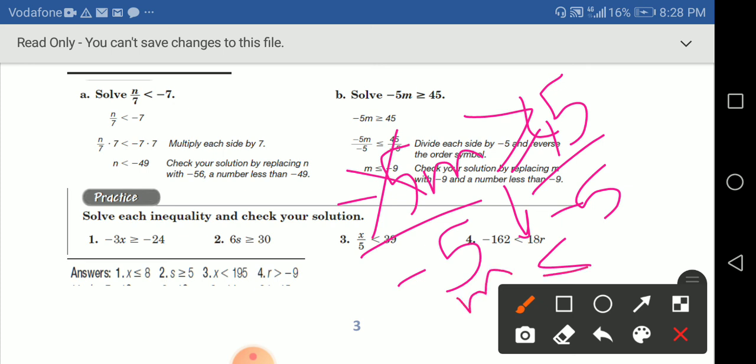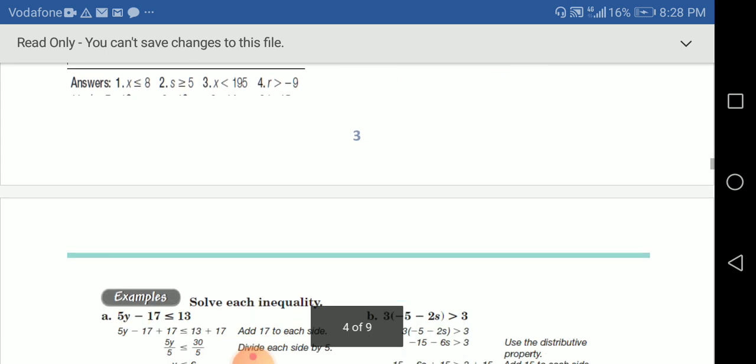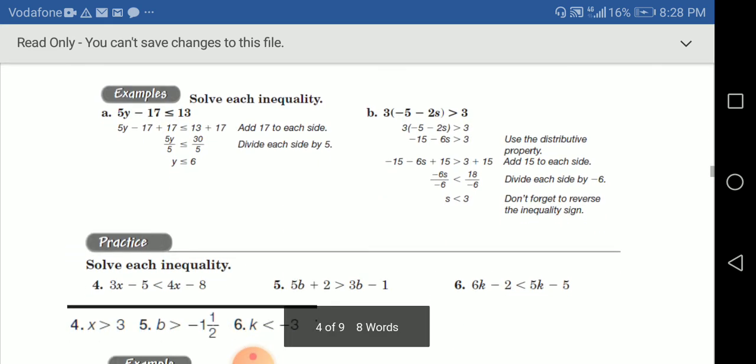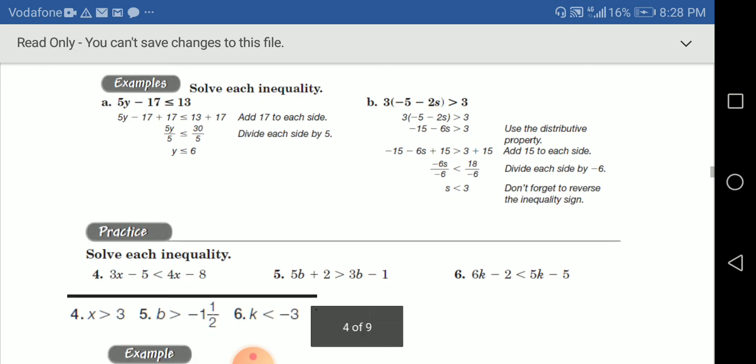So m equals 45 divided by negative 5, which gives me negative 9. So I got m less than or equal to negative 9. We have some practice and answers for the same kind of questions: solve the inequalities.